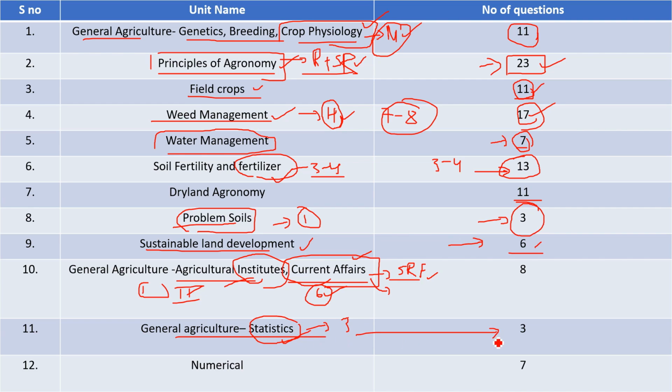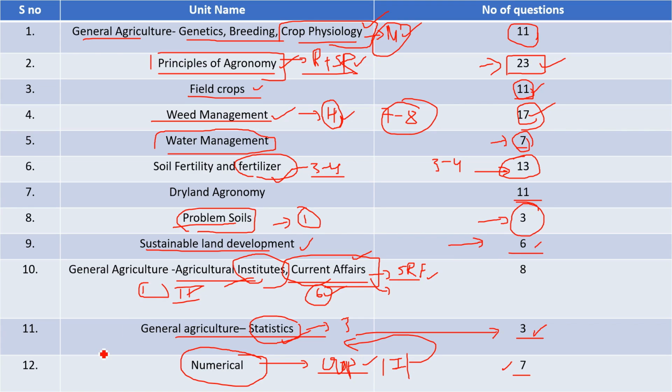From that text part we have got 3 questions. Out of all the numericals, we have got a good amount this year, that is 7 numericals. The numericals were based on cropping system and cropping pattern. There were also numericals on irrigation efficiency, and 2 questions from the statistics part related to block designs.